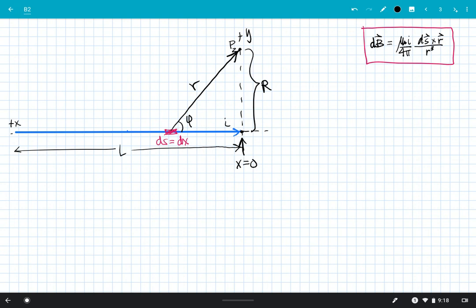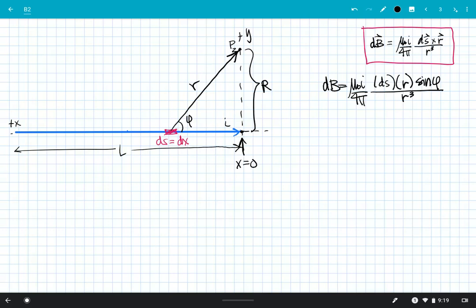So what's phi? When we express our magnitude of dB in Biot-Savart, we write the vector expression out magnitude-wise. We get mu naught I over 4 pi, and then we write this cross product out in magnitude. It's the magnitude of the first vector multiplied by the magnitude of the second vector and multiplied by the sine of the angle between them.